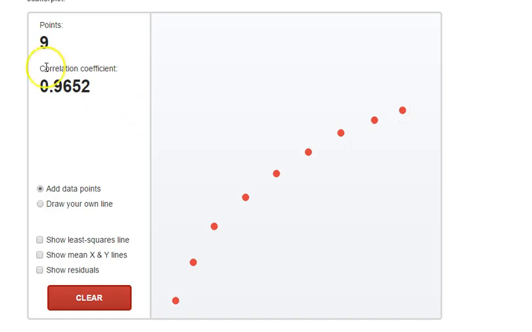Okay, this is a high correlation. It is very close to 1, but this is clearly a curved relationship. So we can see that a correlation of positive or negative 1 does not guarantee that the relationship is linear.